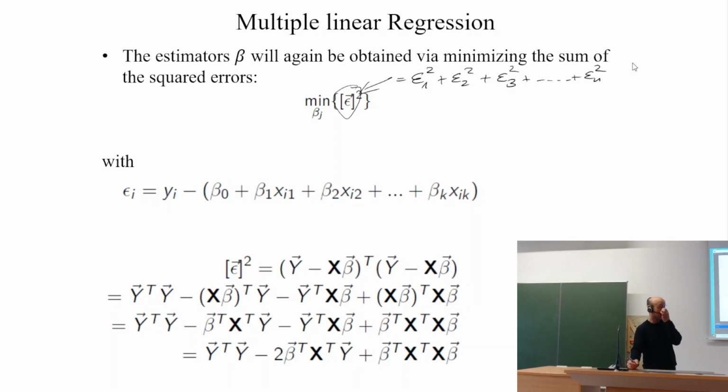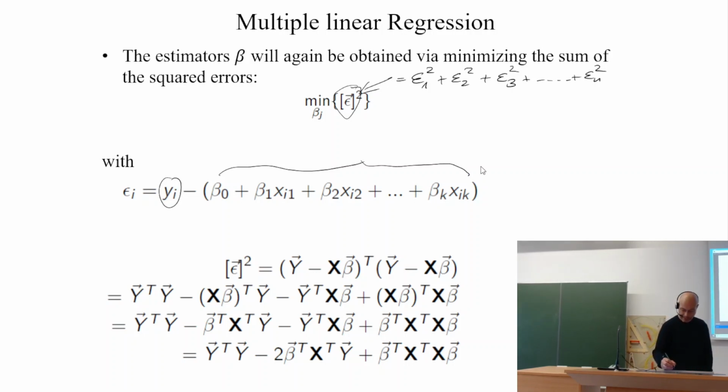Again, just the sum of our errors. Well, and what is our error again? This is our data point, and this is the estimated regression. So this is then again y hat, the estimated regression.